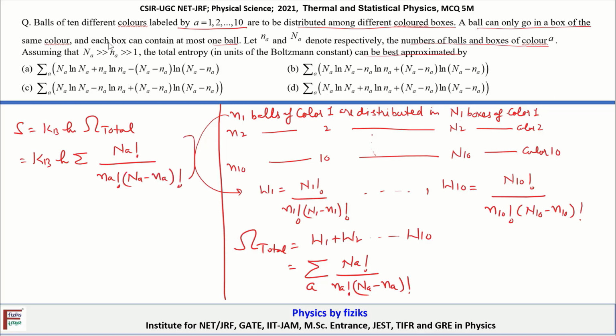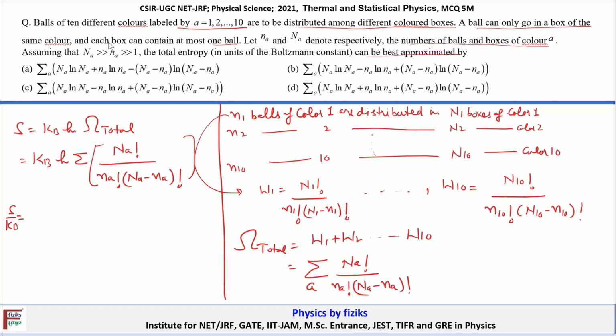After applying the Stirling approximation, this expression can be written as, or what you can say, S upon kB, I'm taking kB on the left hand side, that is equal to this quantity.